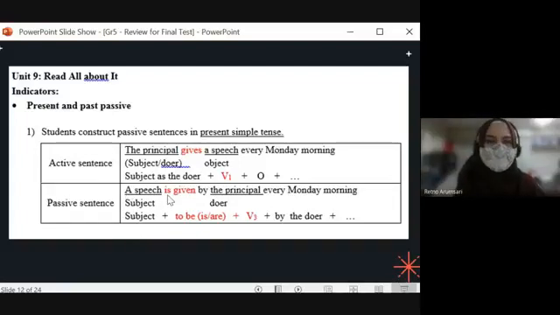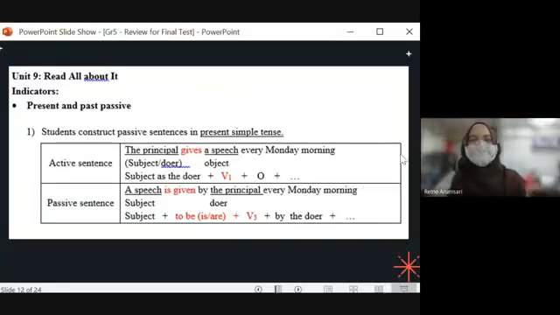A speech is followed by the verb three of give. The verb three of give is given. So the object of the active sentence is followed by the to be, followed by verb three, and then the doer, and then the rest of the sentence. So be careful with the verb that is used in the sentence. Is it a verb one or a verb two?